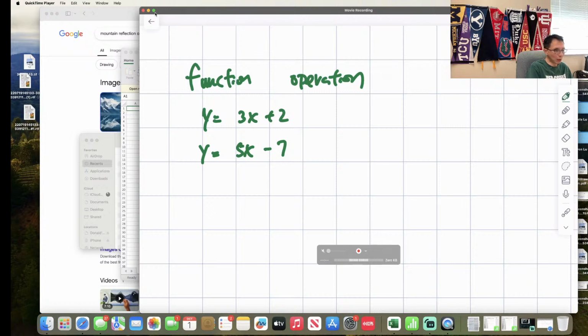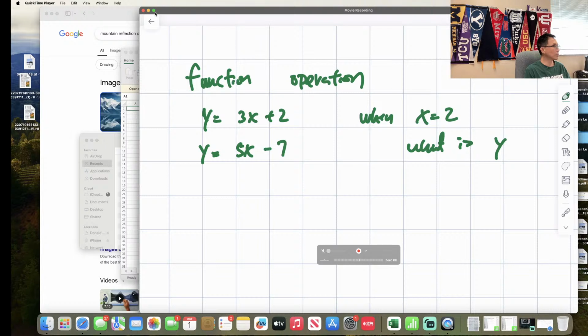But let's talk about why we have function notation. We can say, well, when x equal to 2, what is y? Now, here's a problem. It's going to be very vague, right? When x equal to 2, what is y?